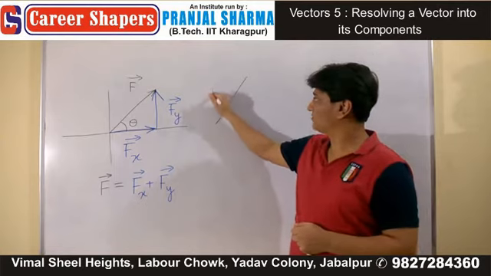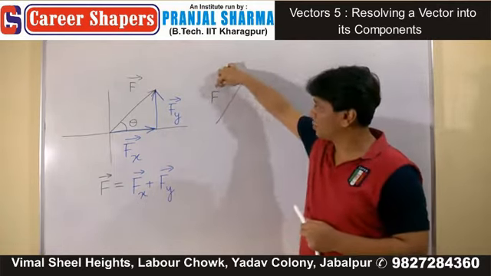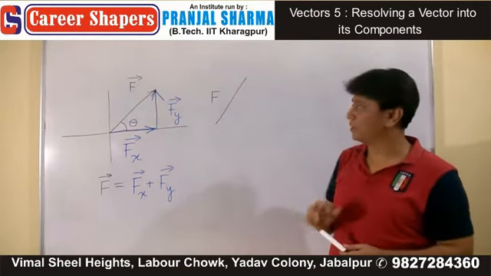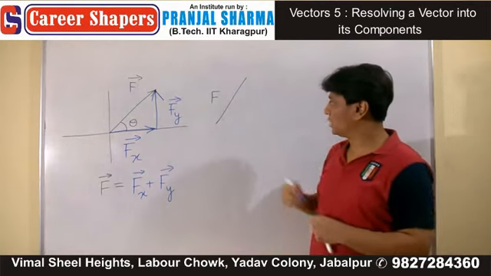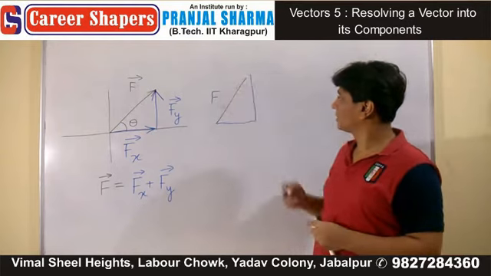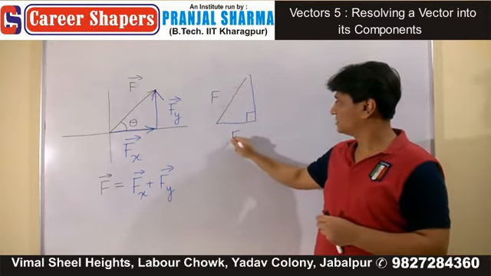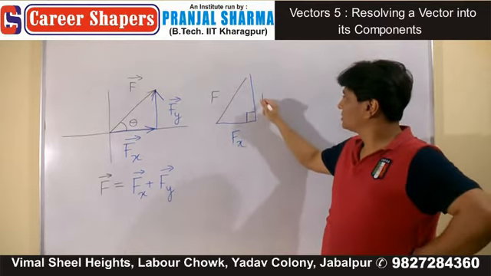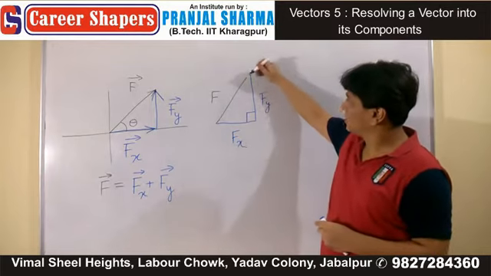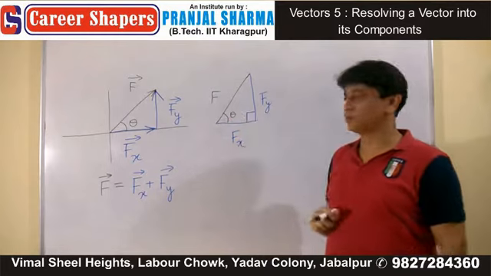This length is F. I have removed the arrow sign, I am interested only in the magnitude part and these two lengths. This is Fx. This is Fy. This length is F and this angle was theta.